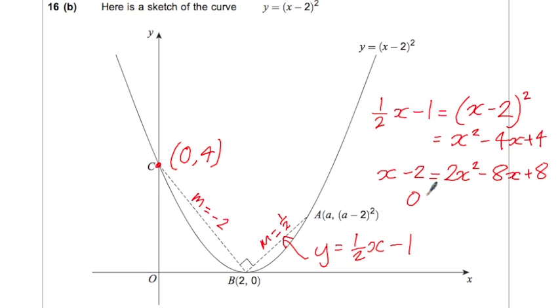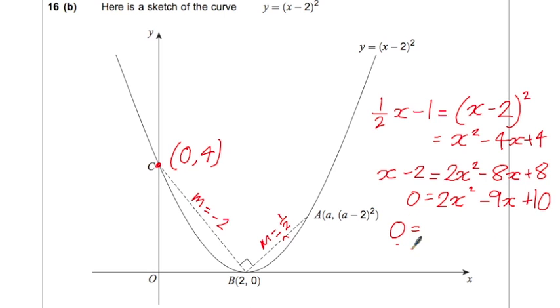So we'll have 0 equals, again, I'm squashing this into a really tight space, but you can do it a lot more neatly than me. So 0 equals 2x squared minus 9x plus 10. Alright, so can we factorise that? Well, I reckon 2 must be a solution because we know that's there. So I reckon this will be 2x minus 5.